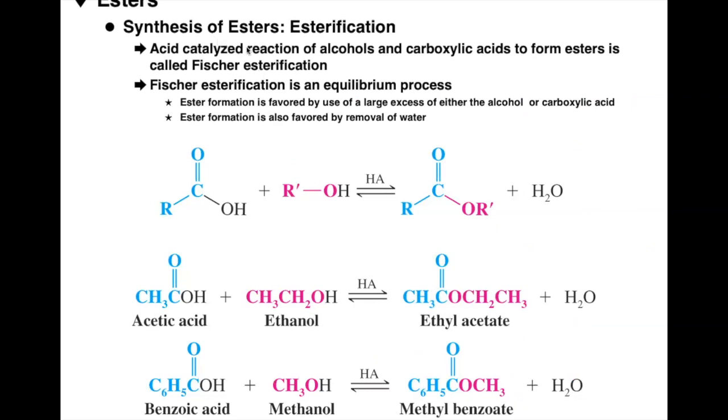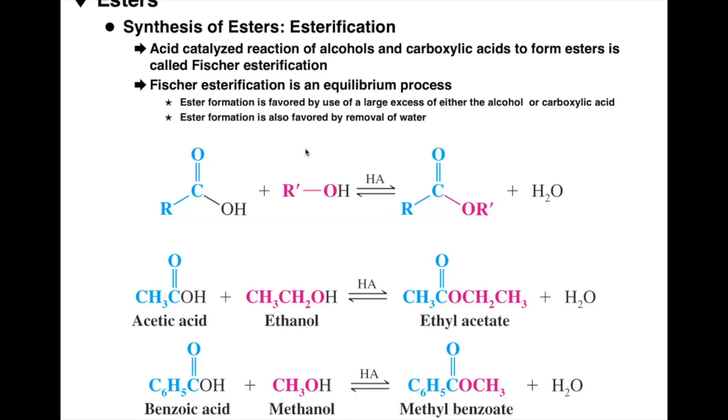Okay, now, synthesis of esters. So that is known as esterification. So you have an acid-catalyzed reaction of alcohols and carboxylic acids. So that is known as esterification, or specifically Fischer esterification. And as mentioned here, it is reversible.